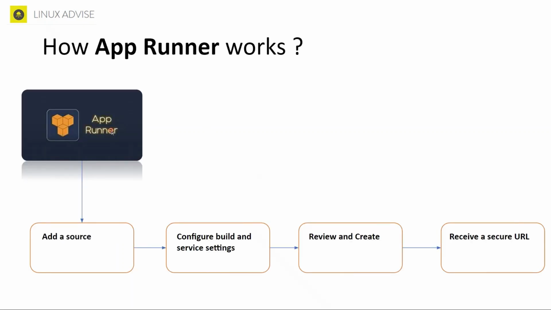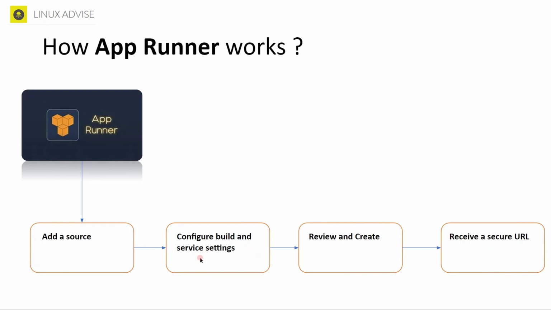Then how App Runner really works. Let's say this is the App Runner service. It's really easy and quick. Step number one is to add a source. The source can be a GitHub repository or an ECR, Elastic Container Registry, which will have the image URI running our application.